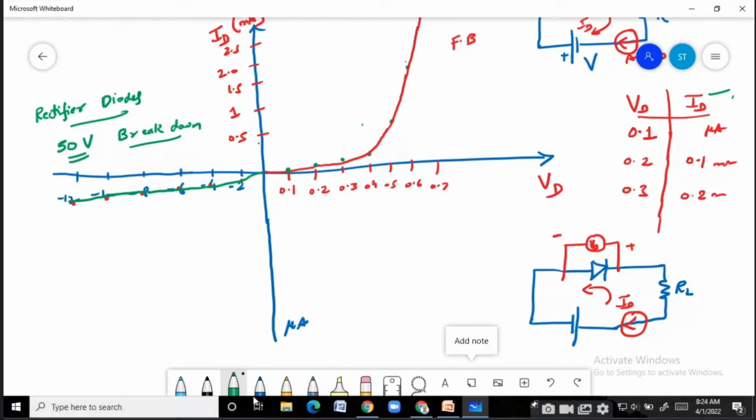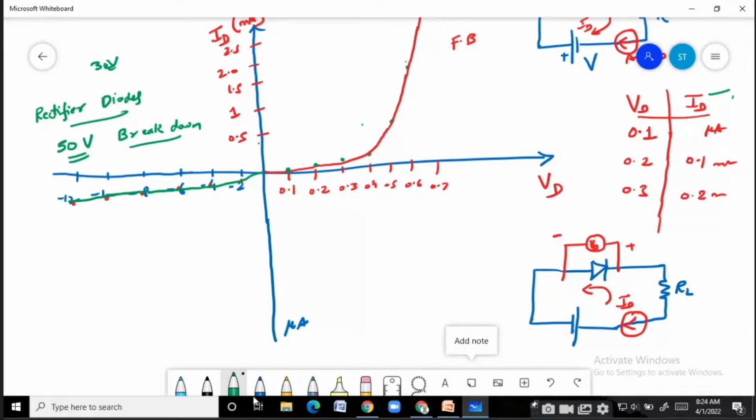So usually in the labs, whenever we perform this experiment, we have a diode which has a breakdown of 50 volt. With the available power supplies in the lab, whose maximum value is 30 volt, you can give a maximum of -30 volt across the diode.